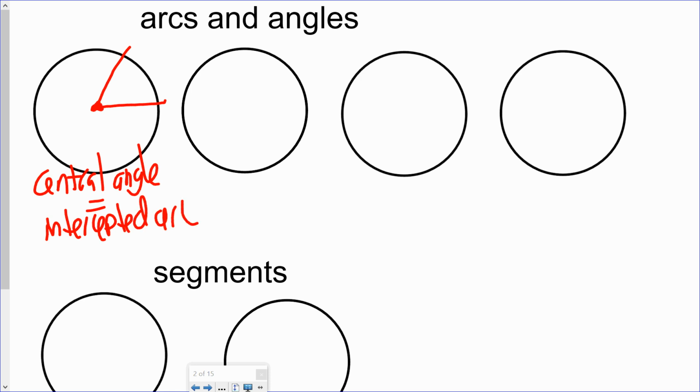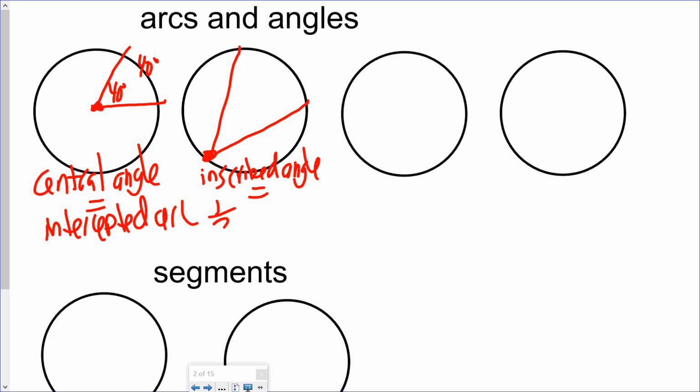So if the vertex is at the center and this is 40, then the intercepted arc is 40. If the vertex is on the circle, not at the center, it's called an inscribed angle, and it's equal to half of the intercepted arc.